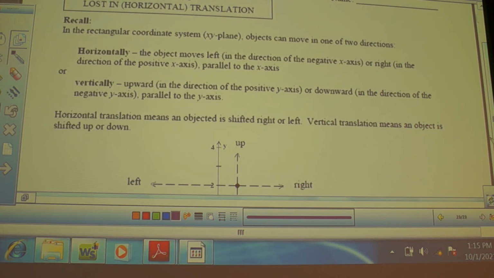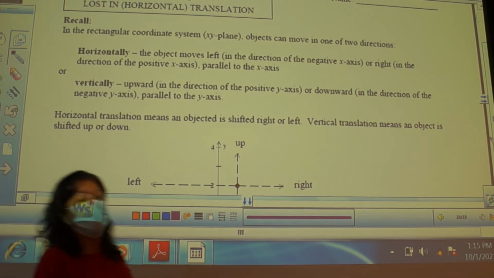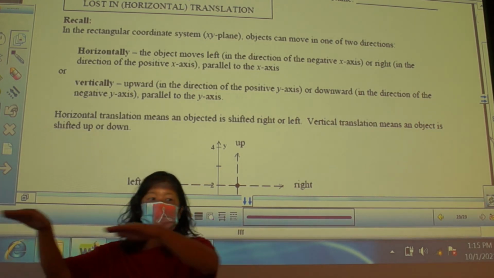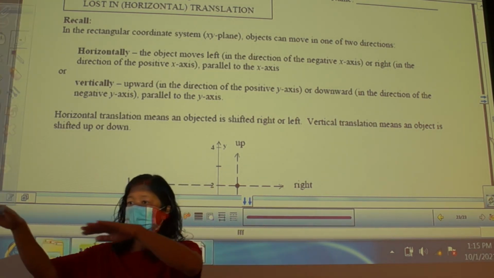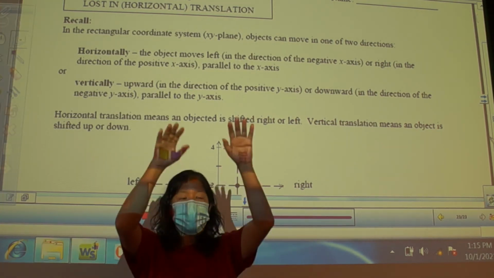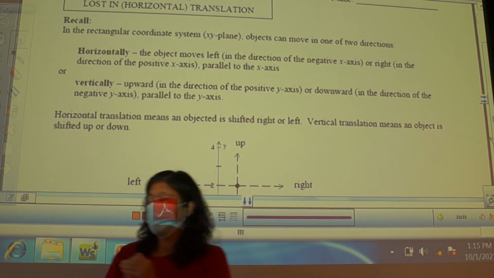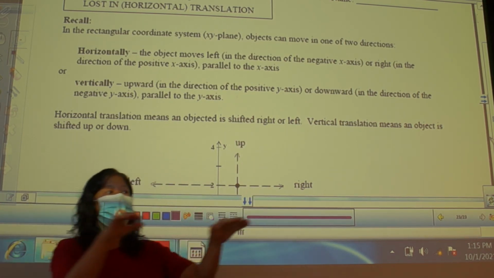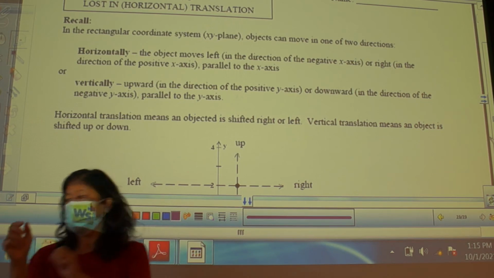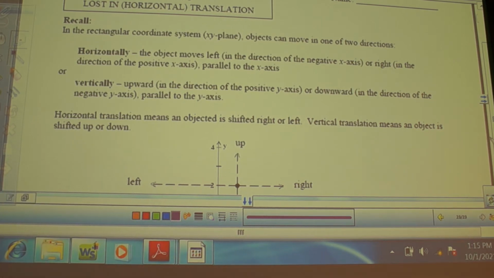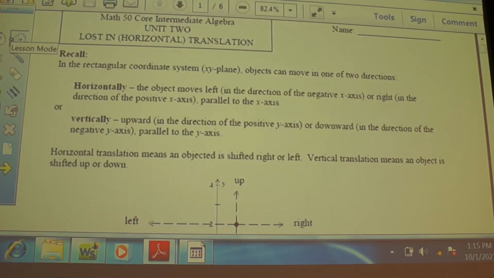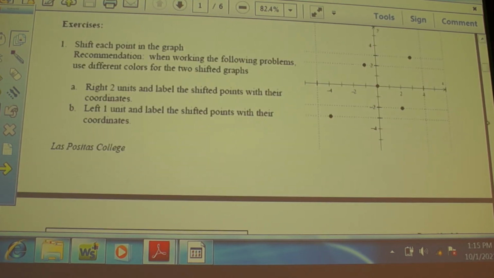Okay, now, just as a reminder, horizontal translation is when you go side to side along the horizon, right? Vertical translation is when you go up and down, you translate up or down. Horizontal affects your x's, right? I'll show you what I mean.